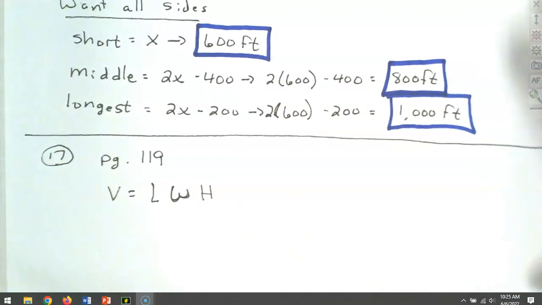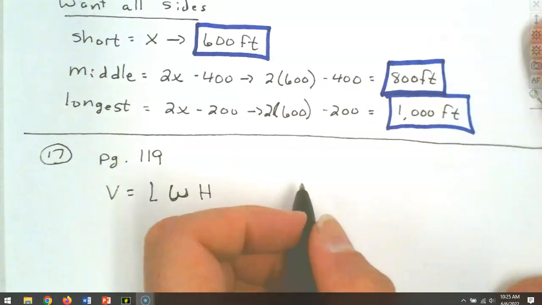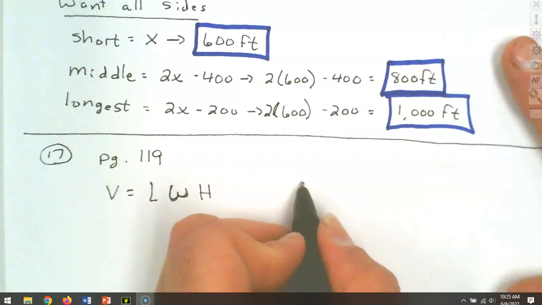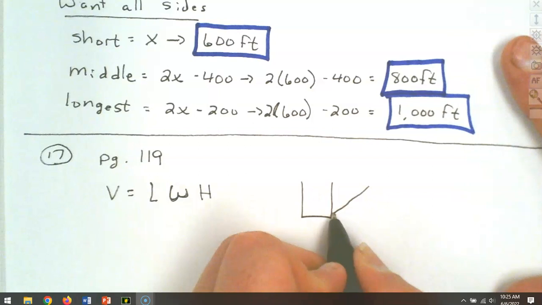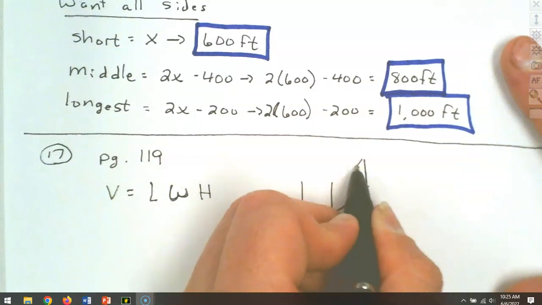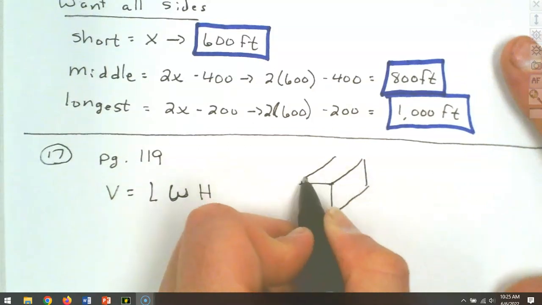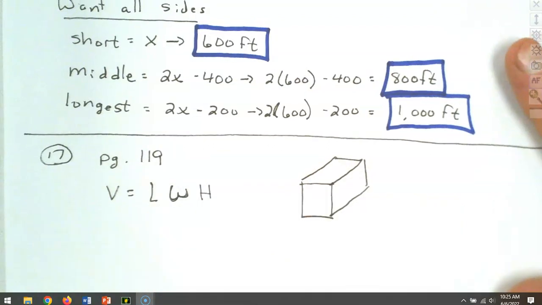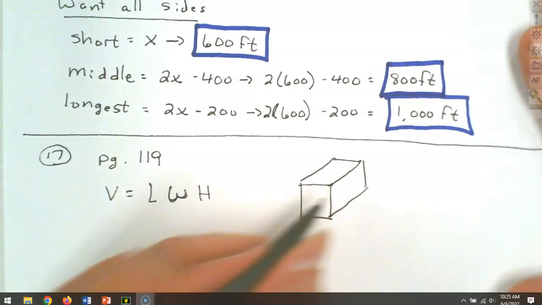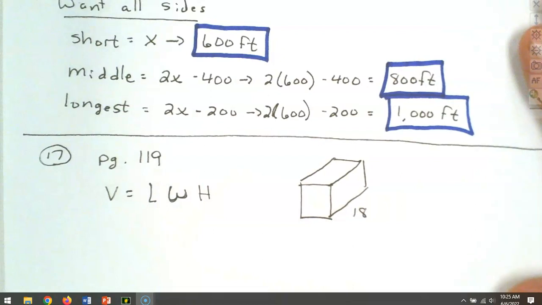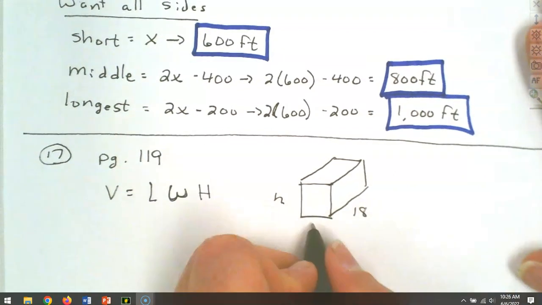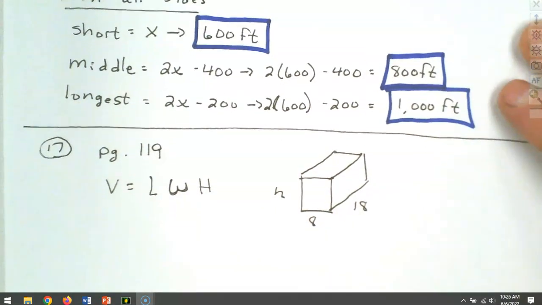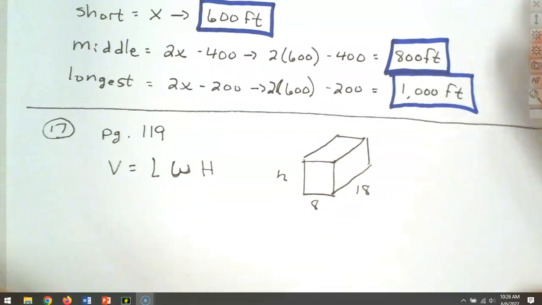So when we draw our picture, we can go ahead and label it. And the length is going to be 18. The height is unknown, so they want us to use a little h there. And it's 8 feet wide. And what is known?